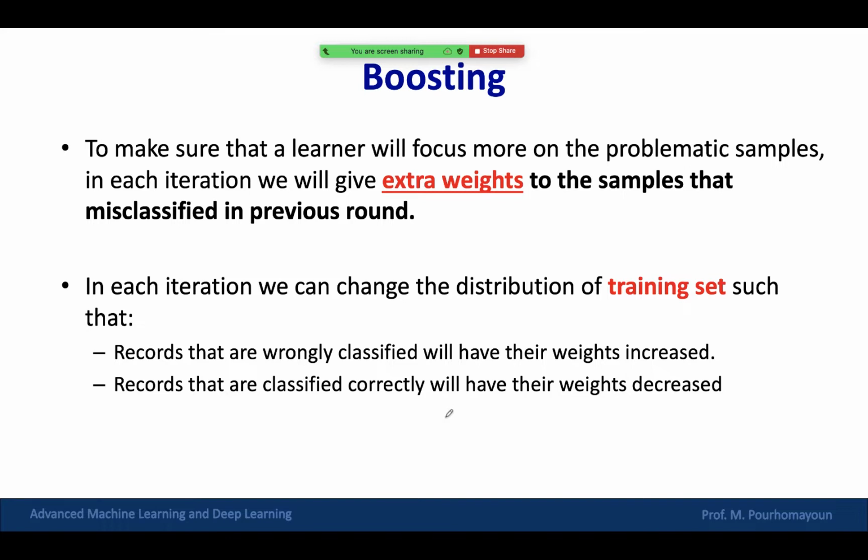In each iteration, we change the distribution of training data samples so that records that are wrongly classified will have their weights increased in the next iteration, and the records that are classified correctly will have their weights decreased in the next iteration.